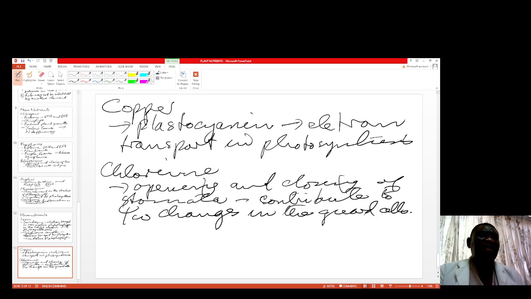Remember, the changes in water potential are the ones which can either cause water to enter the guard cells or leave it, thus opening it or closing it.